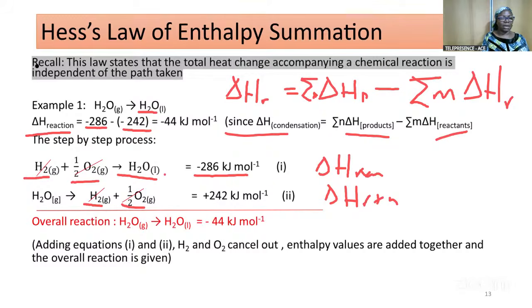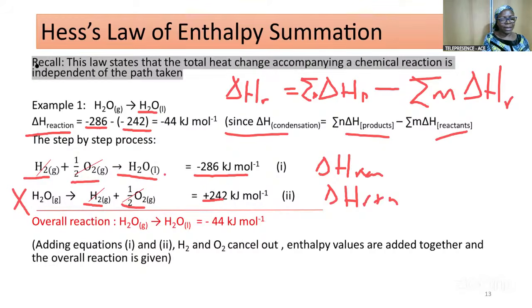So what we have done here is also good for us because we have arranged these reactants in a way that you can cancel out some sides. Let me take you back to what I have done. If you look at this case, it is the reverse of the formation of H2O. And so the sign has changed to plus 242. So the formation of H2O gas is what we know as minus 242.